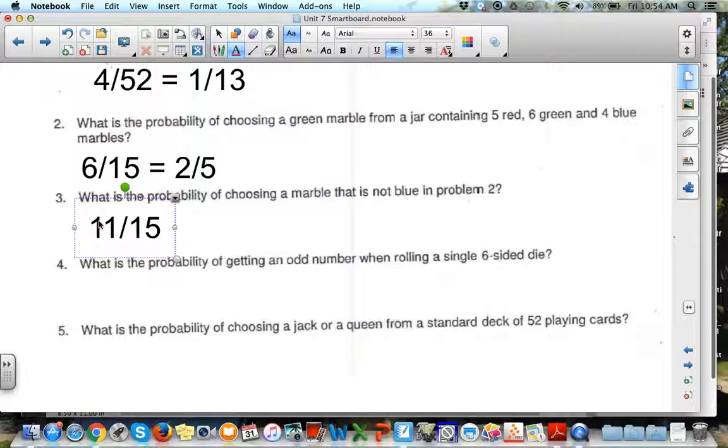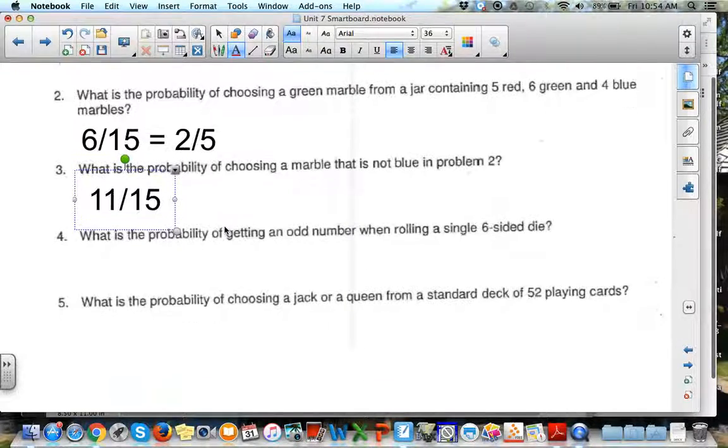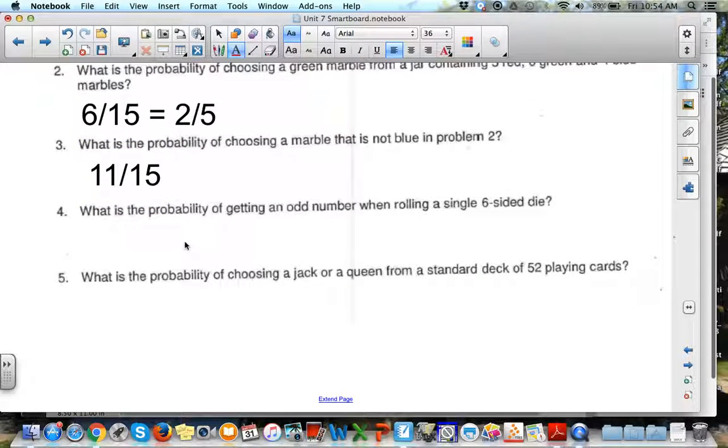That can't be reduced, so that is where we're going to stop our probability right there. What is the probability of getting an odd number when rolling a single 6-sided die? Well, on a 6-sided die, you've got 1, 2, 3, 4, 5, 6, and 3 of those numbers are odd, 1, 3, and 5. So we've got a 3 out of 6 chance, which will reduce to 1/2.